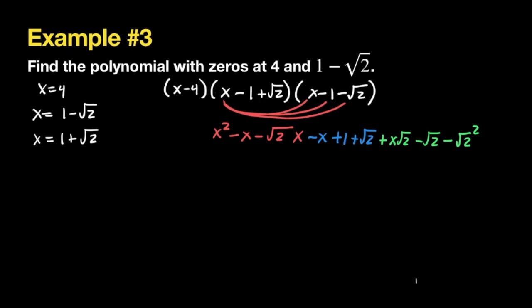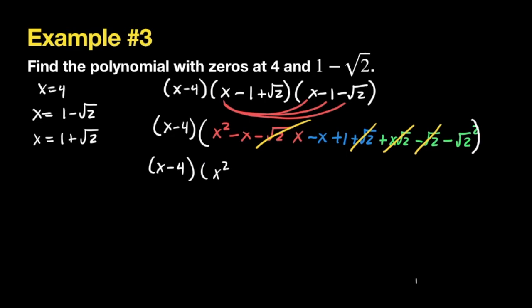And we need to remember that we're multiplying the whole thing by x minus 4 as well. So we cancel this one with this one. We cancel this one with this one. And when we simplify, we get x to the second minus 2x plus 1.